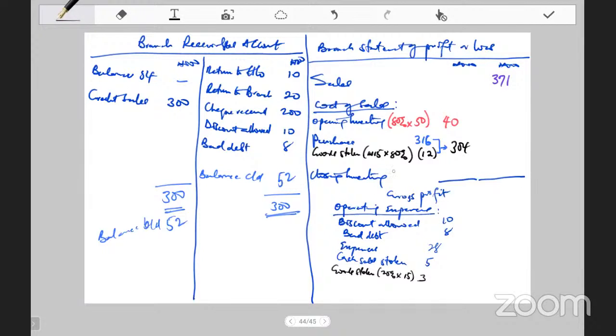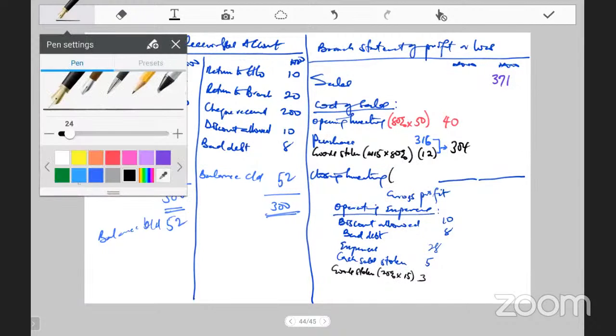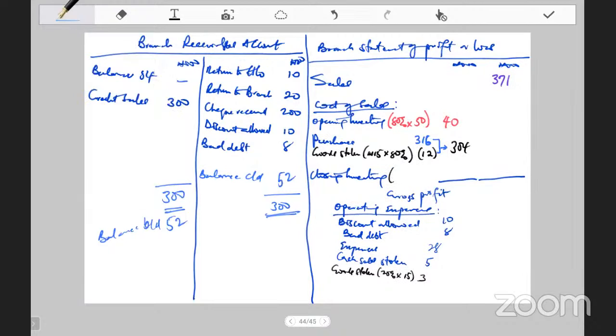So let's get our closing value now at 80%. 80% of 55, what would that give me? 55 is the closing inventory. So what would that give me? 44.